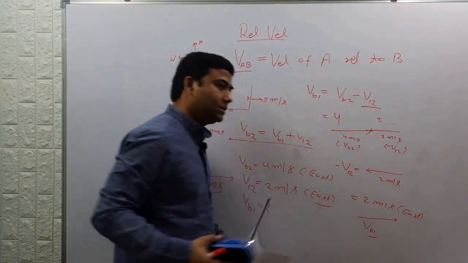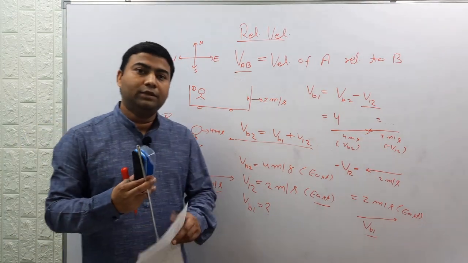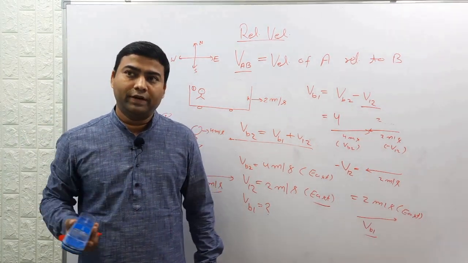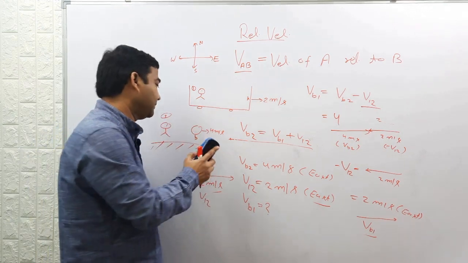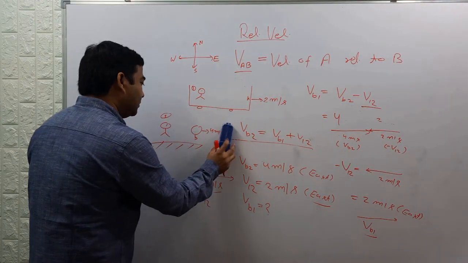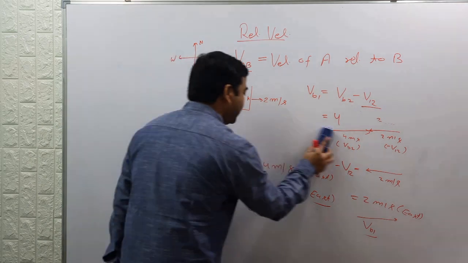So we have discussed relative velocity with two formulas, that is the law of addition of relative velocity and the law of subtraction of relative velocity.